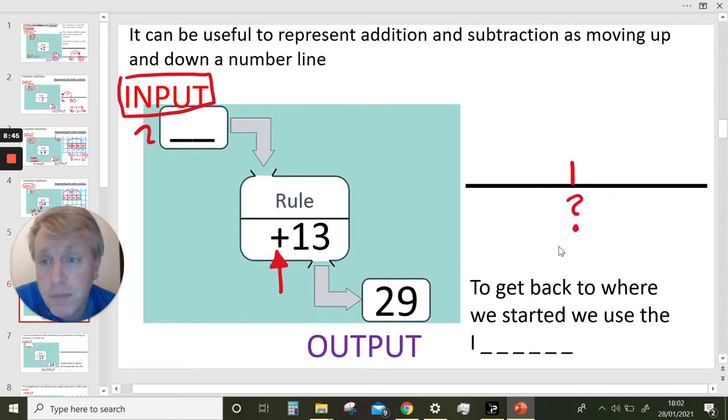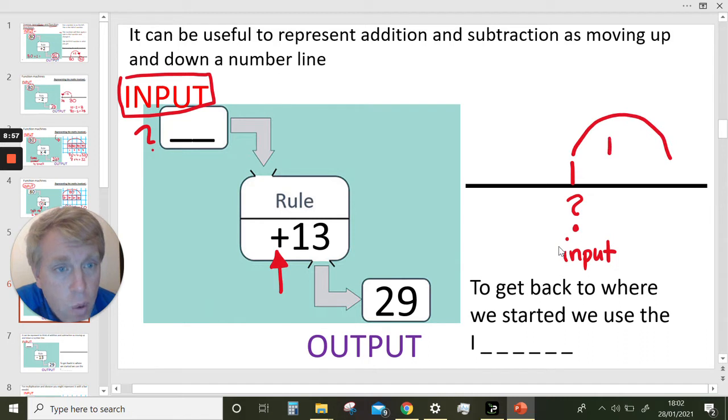It's the mystery number. So there's my input number. I don't know what it is, but I know that it's plus 13. So I'm going to still show that. Plus 13, like we did before. We add 13, and we know that our output number is 29.